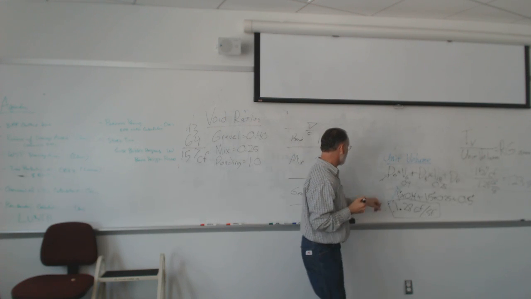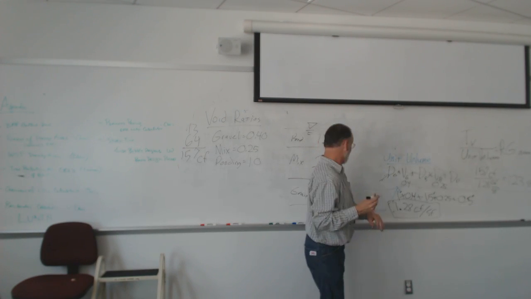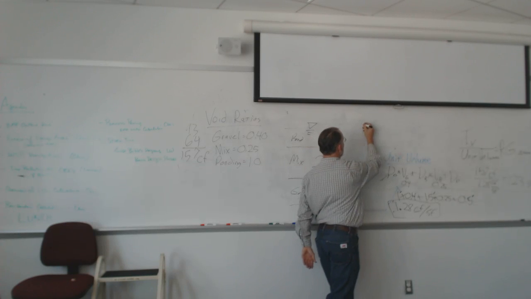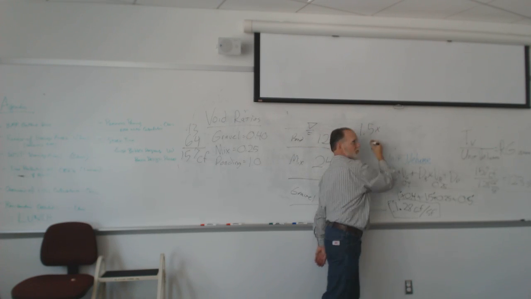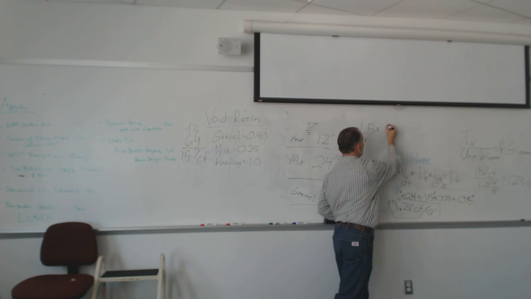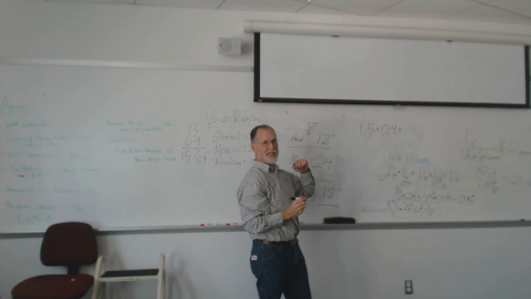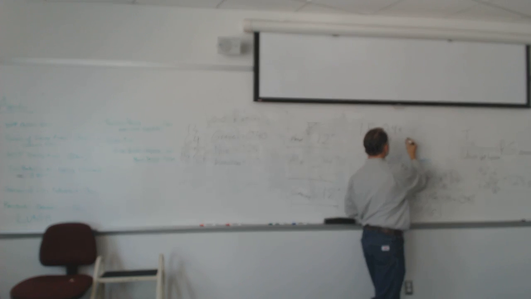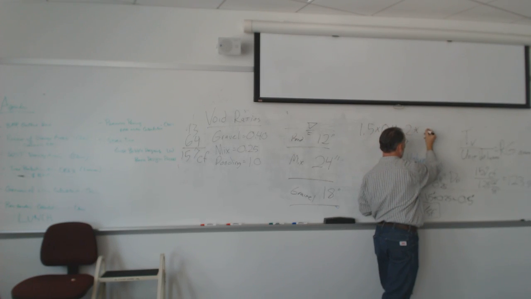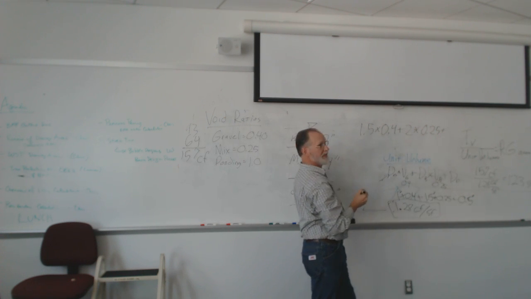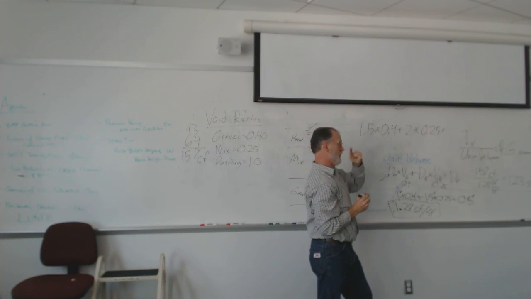Our gravel is going to be what? What's our depth of gravel in feet? Times what does that have to be times? 0.4, plus depth of mix in feet, 2, times what? Plus our ponding depth, which is 1, right?